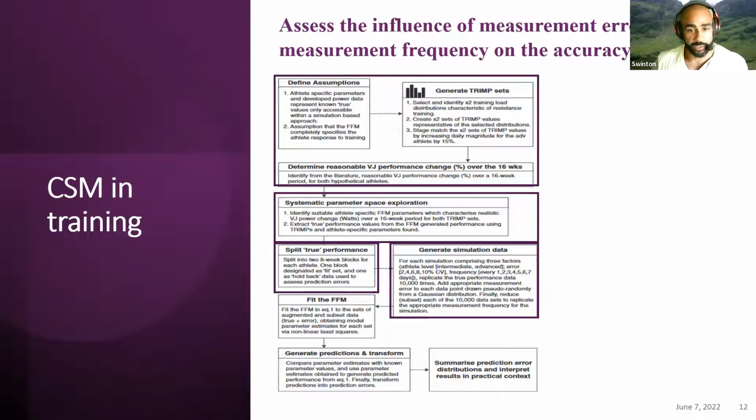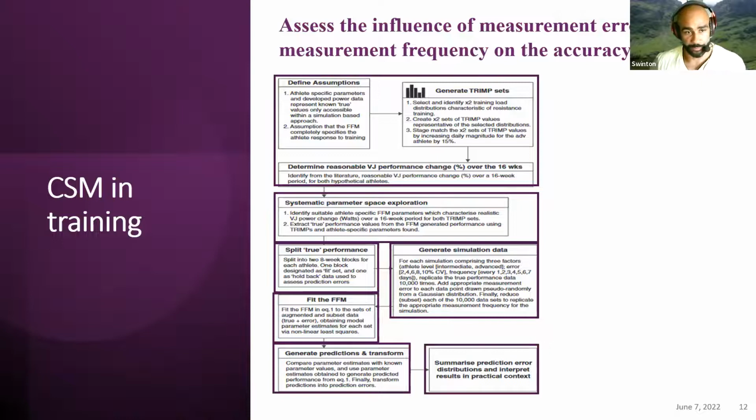For each simulation, we take the data with noise and perform parameter estimation. With these estimated parameters, we can compare them to the true parameters and also to model prediction.